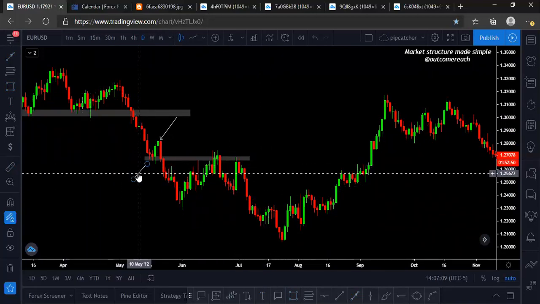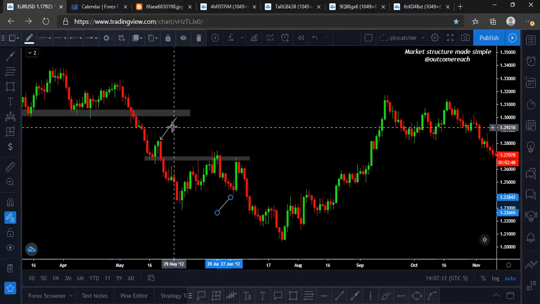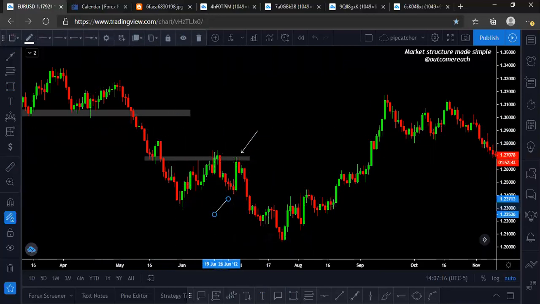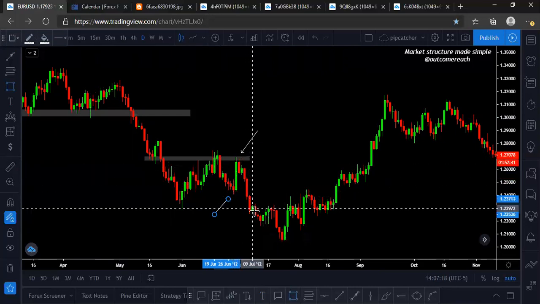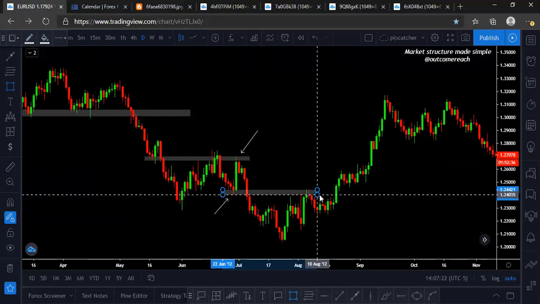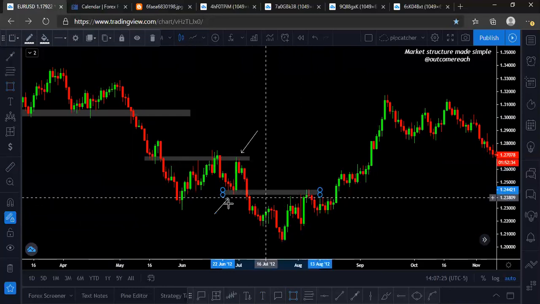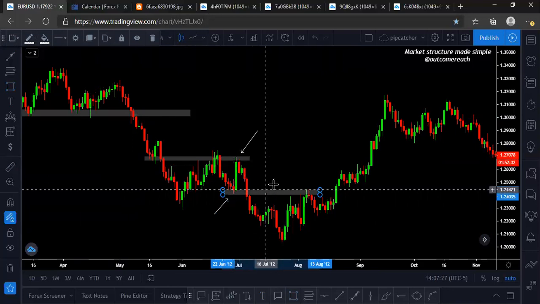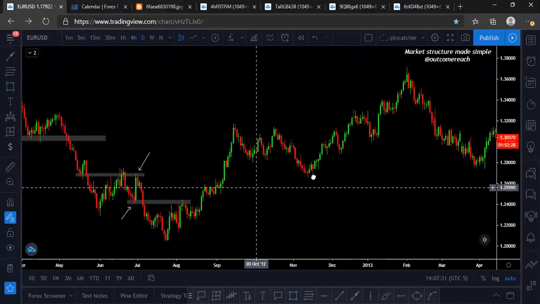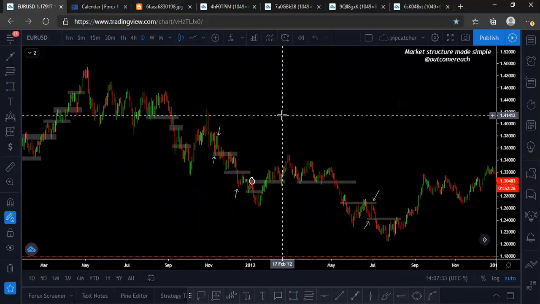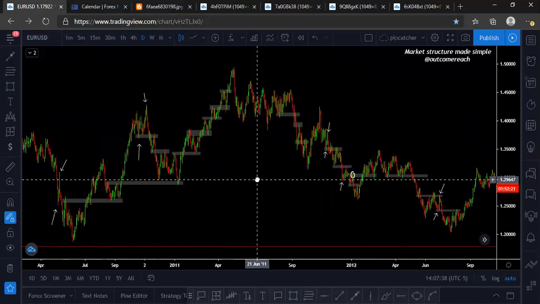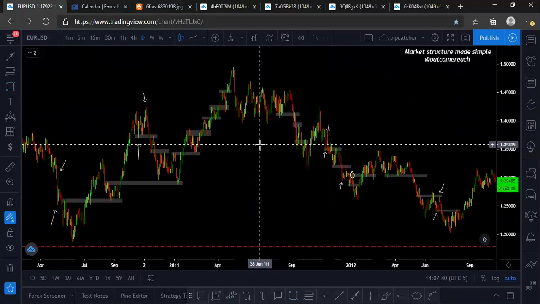And we have another low and then a lower high again. Price breaks through this structure and we have structure retesting of structure. So this is a very simple and effective way of looking at price action.